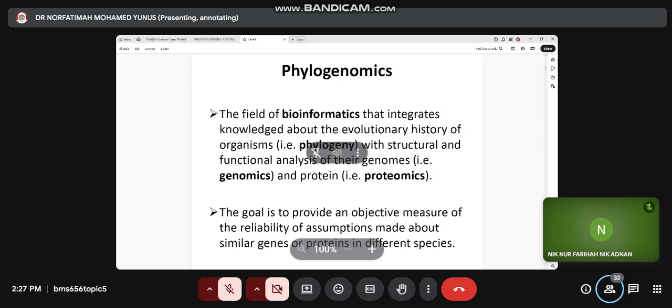Alright, so the field of bioinformatics that integrates knowledge about the evolutionary history of organisms with structural and functional analysis of their genomes, genetics, genomics or proteomics is under this phylogenomics. So the goal is to provide an objective measure of the reliability of assumptions made about similar genes or proteins in different species.